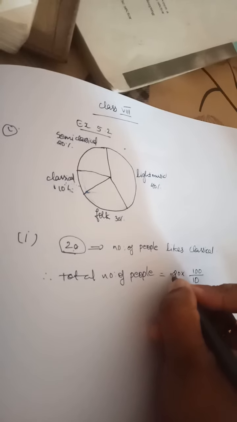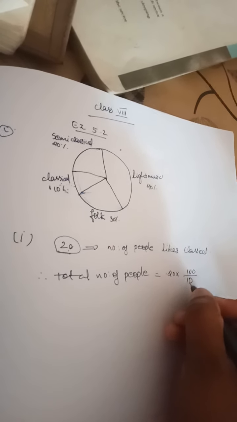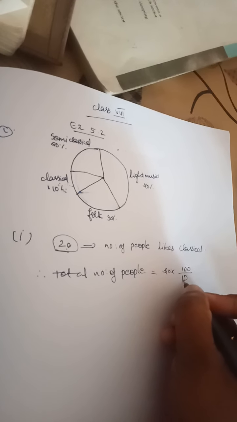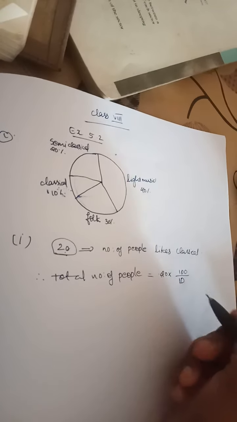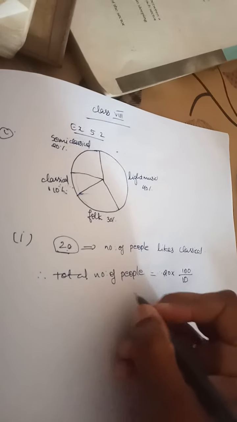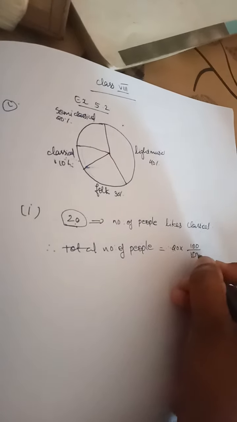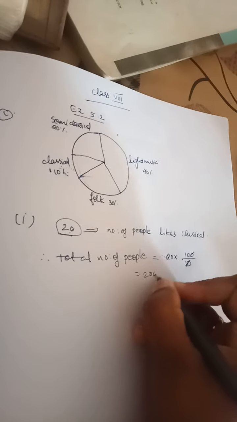So 20 is the number of people, into 100, the total percentage we have to calculate, divided by 10, since 10 percentage is 20. The zero and zero we can cancel. 20 into 10, we will get 200 people.